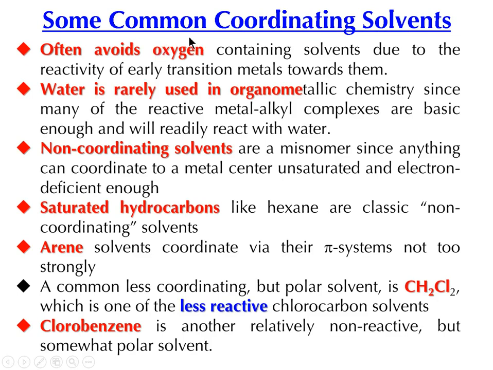Some interesting properties of the solvents used. First, avoid oxygen-containing solvents due to the reactivity of early transition metals towards them, but this is to say that oxygen coordinating solvents are weak donors.